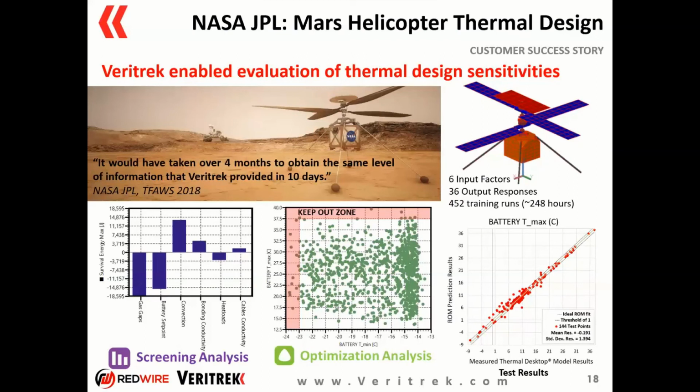So when we're generating reduced order models, we can generate reduced order models for steady state and transient runs. For the transient runs, we basically pick inflection points, maximum temperature, minimum temperature, and average temperature, for example.